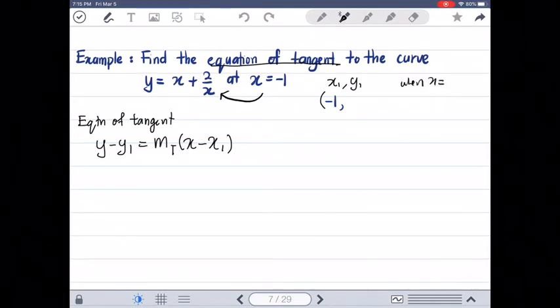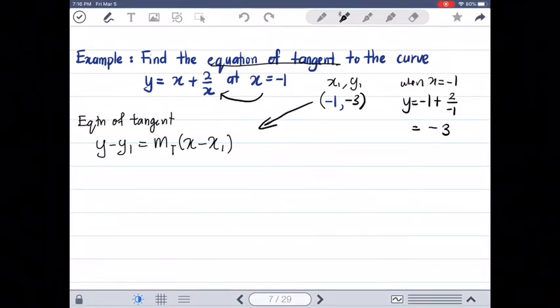So when x equals negative 1, y is equal to negative 1 plus 2 over negative 1, which gives negative 3. So our corresponding value of y is negative 3. This means we can insert that point into this equation.